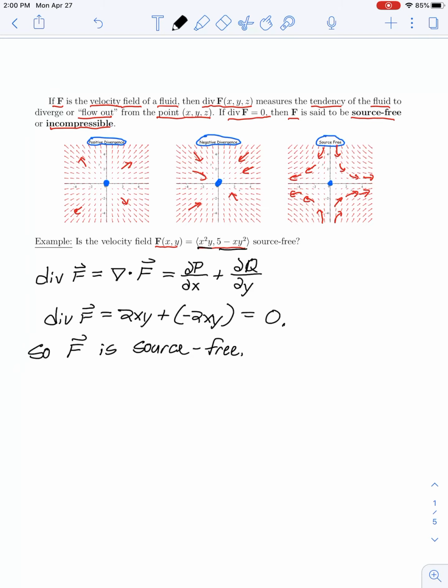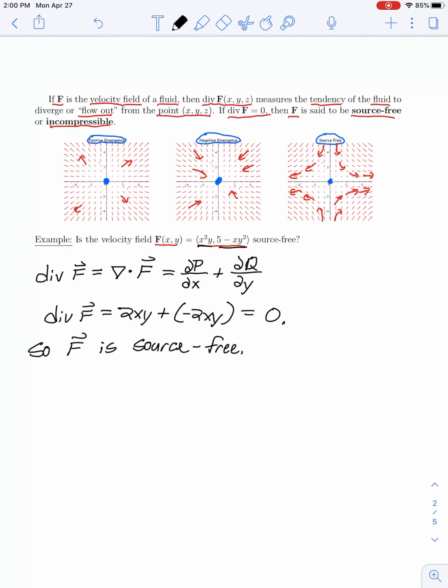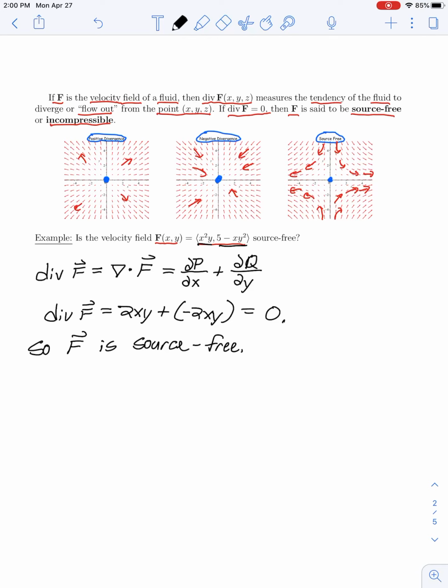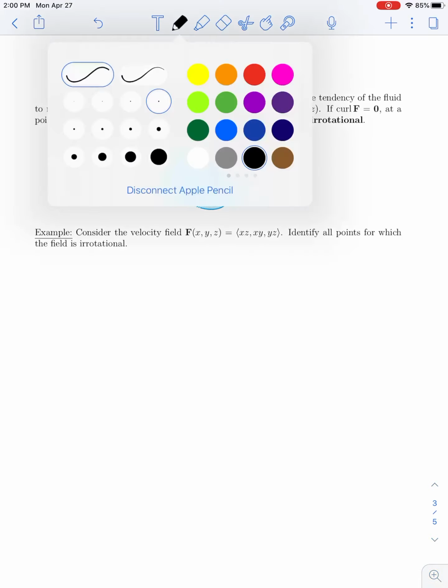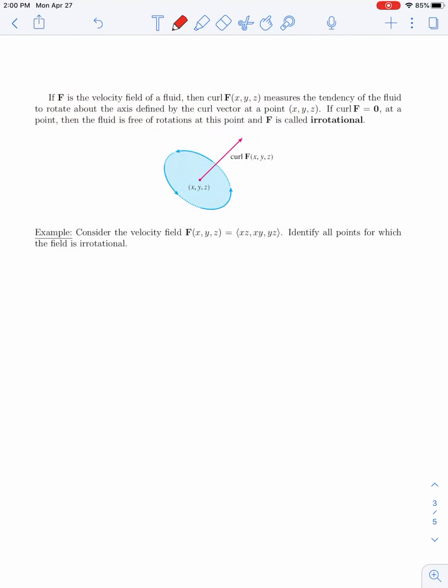So let's think about the other operation here. The other operation, which we were considering, was the curl of a vector field. So let's think about what it represents.